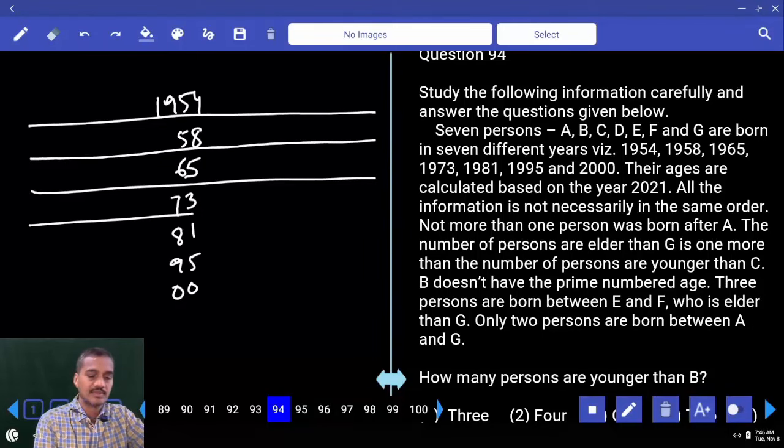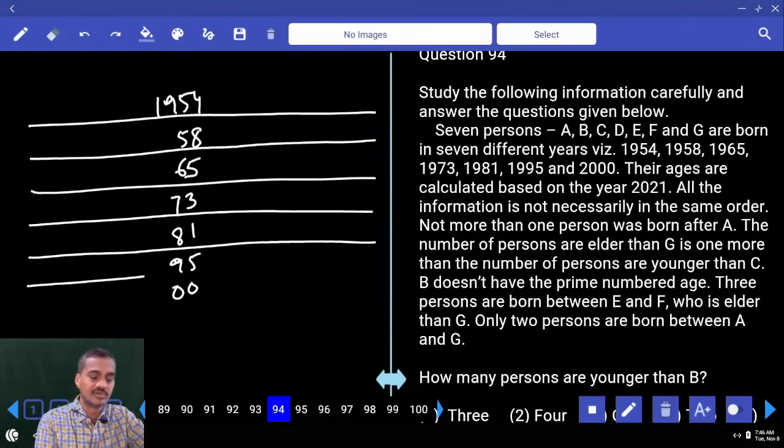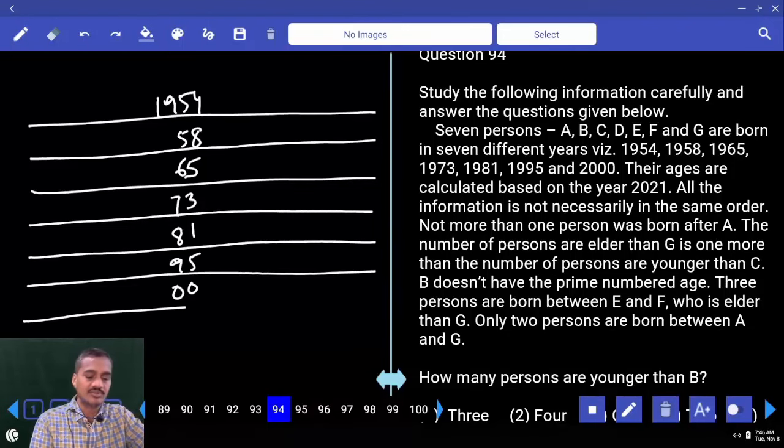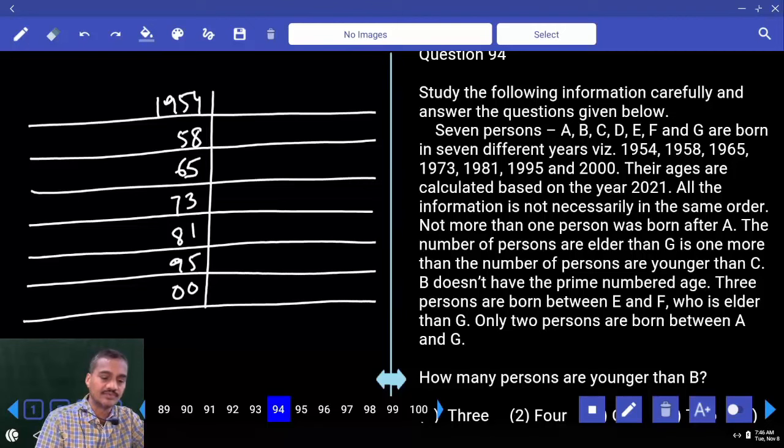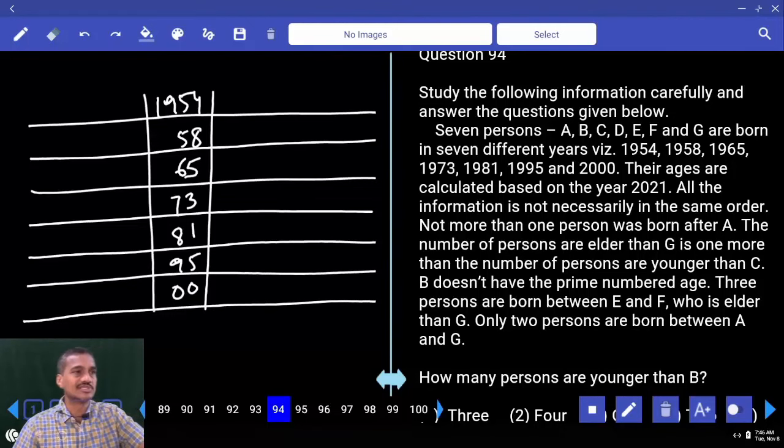Now 2021. The one who was born in 1954 will be how many years old by 2021? 54 can tell us 46 plus 21. What is the age we have? 46 plus 21, 67. The age of this person is 67, the eldest. And 58 plus 4 minus 4, 63. 58 plus 7 minus 7, 56.